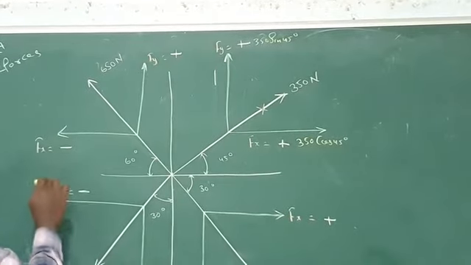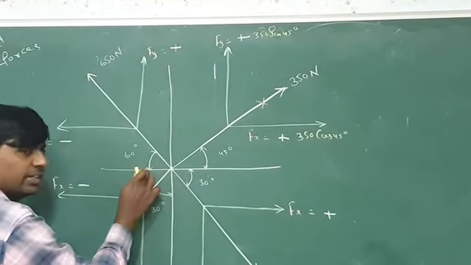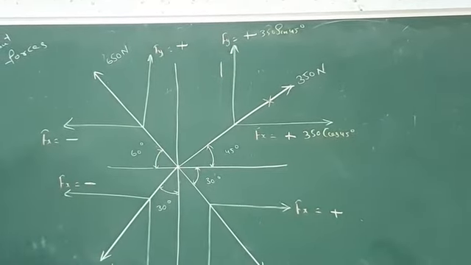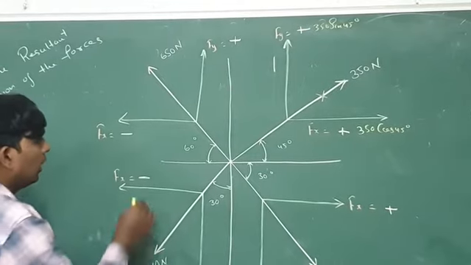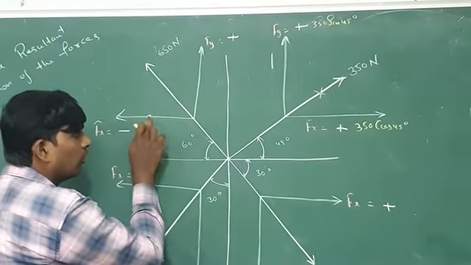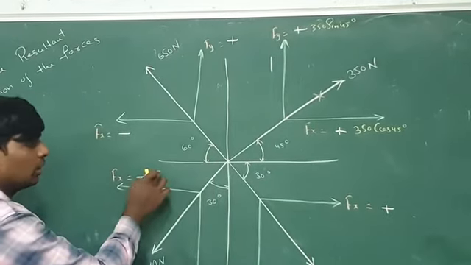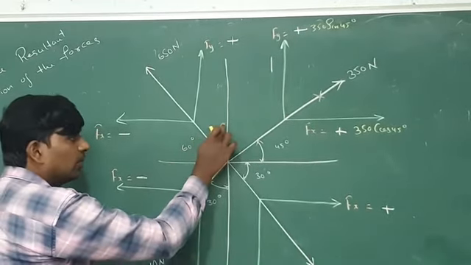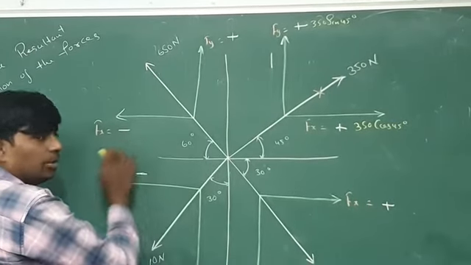Next one: here 650 is given and the angle is with respect to horizontal. So horizontal you have to take as the cos and vertical you have to take as the sine. Why are you taking this one as cos? Because the angle is lying with respect to horizontal. Suppose this angle is lying with respect to vertical, then vertical you have to take as the cos, and automatically this one will become sine.